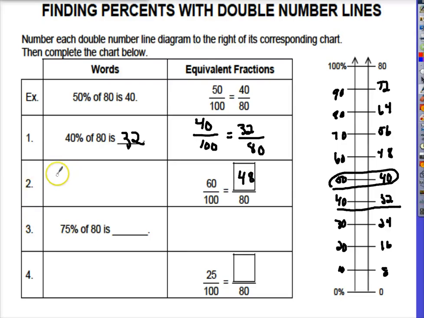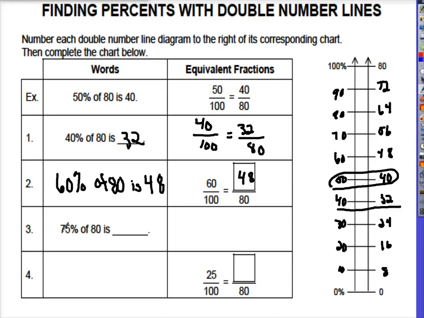So I can write 60% of 80 is 48. So this is how you can use a double number line to help you find a percent of a number.